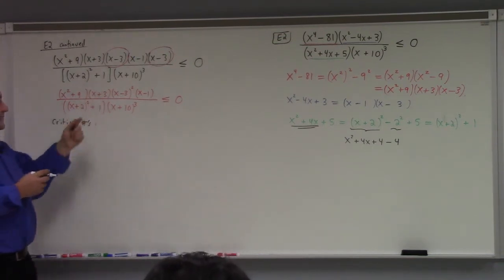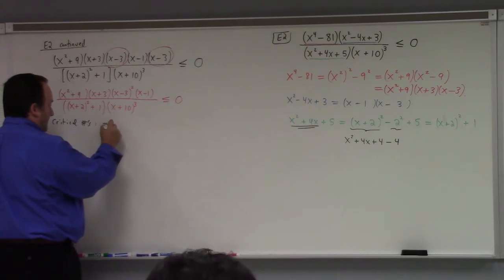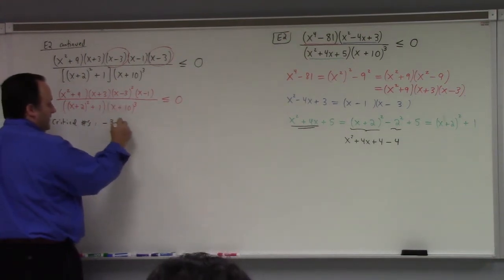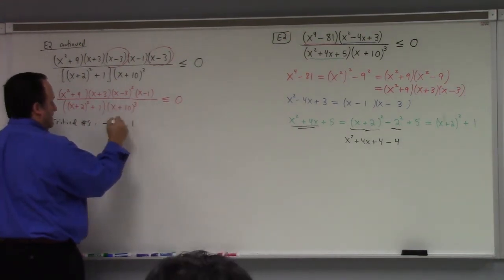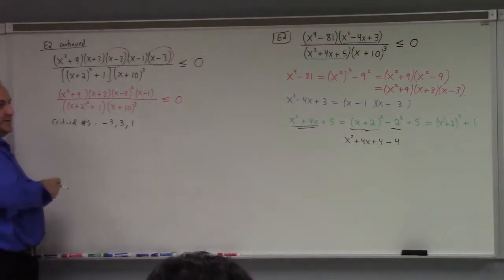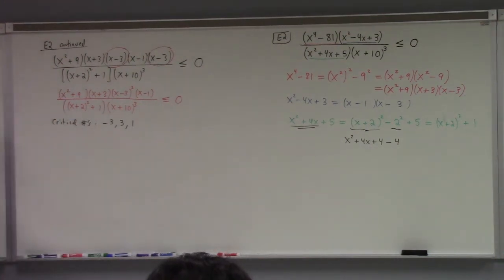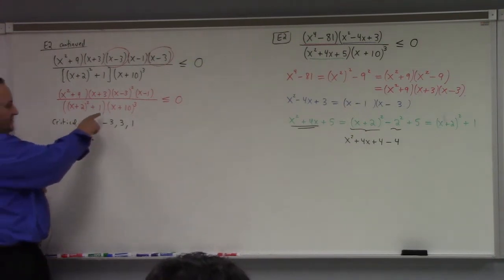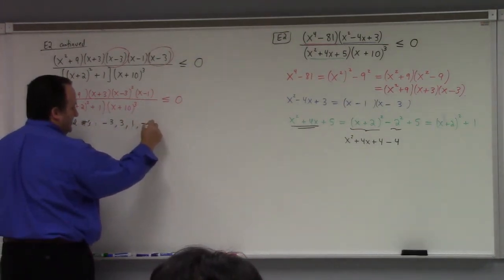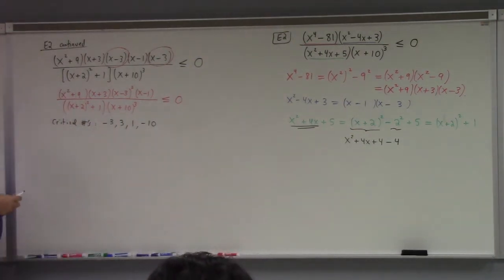Sure, that gives you minus 3. This gives us 3. This gives us 1. (x plus 2) squared plus 1 is prime. The solution to that being 0 corresponds to the complex numbers minus 2 plus i or minus i. Those are not allowed. We're looking for real solutions. And then finally we have minus 10. So we've got 4 critical numbers in this case.